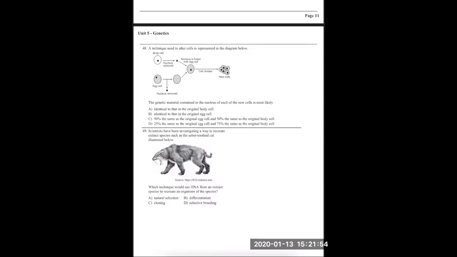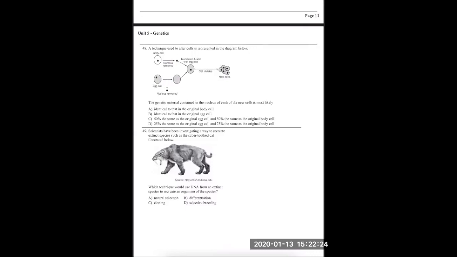Cloning. Wow, cloning. I like that, because if you want something exactly the same, you definitely want to clone that. Natural selection is not going to work. Differentiation is another word for specialization. No, that's for like blood cells.